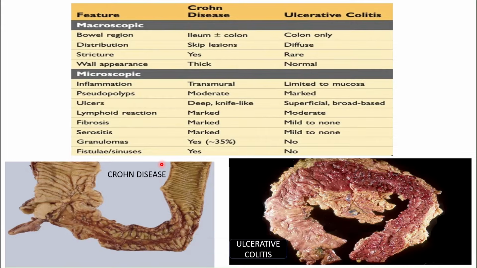So differentiating features include cobblestone appearance of the wall, skip lesions, sometimes granulomas are present and ulceration. While in case of ulcerative colitis, diffuse distribution, normal wall appearance, limited to mainly mucosa and superficial ulcers are there with pseudopolyp appearance.